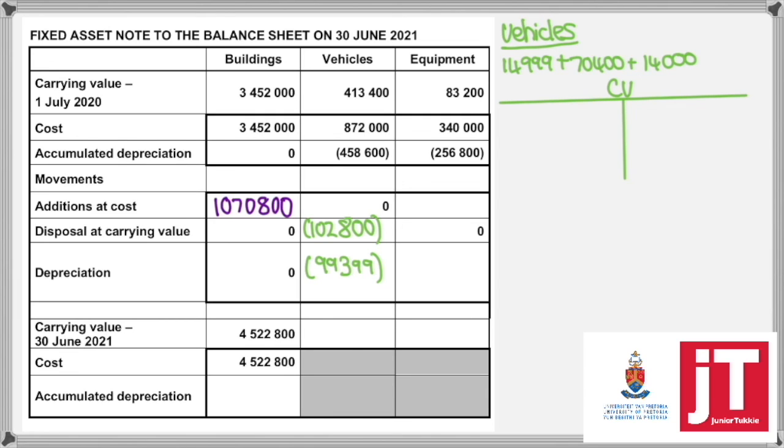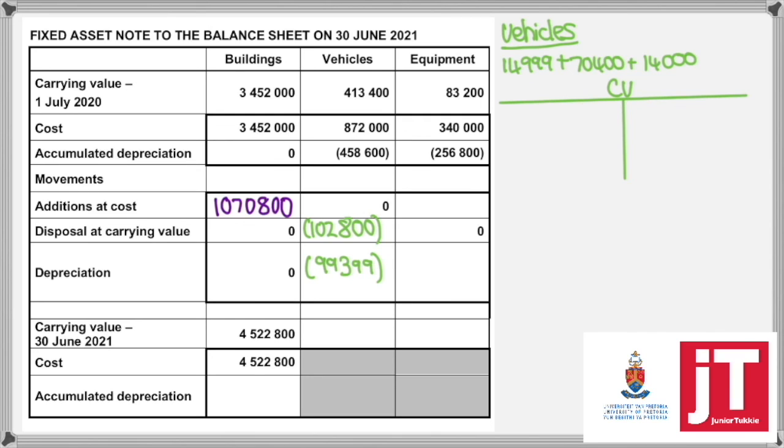So now to get the carrying value at the end, I'm going to open up a T account. And the reason why I'm opening up a T account, again, we can use this method when we're doing cash flow statement later on when we're working out the investing activity. What was the purchase of non-current assets and what was the proceeds from the sale of the asset. Even if we also need to calculate the depreciation.